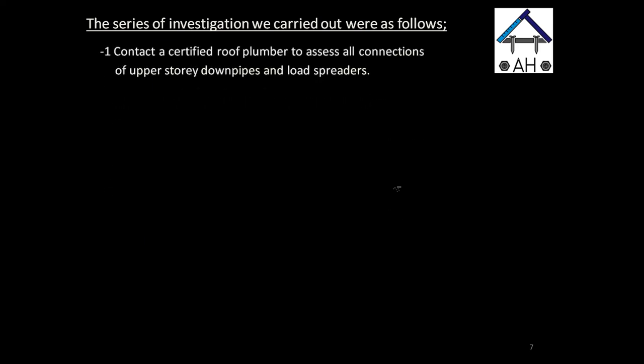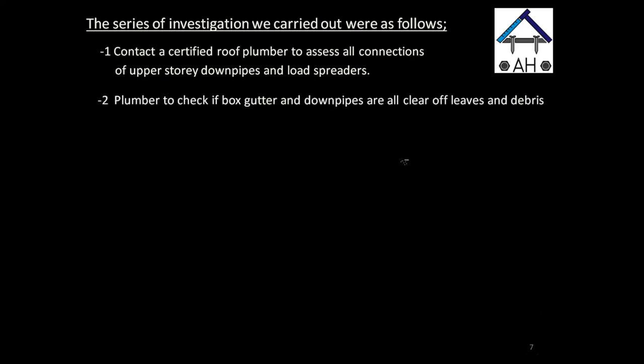Now, the series of investigations we carried out were as follows. 1. We contacted a certified roof plumber to assess all connections of the upper story downpipes. 2. Plumber to check if the box gutter and downpipes are all clear of leaves and debris. 3.